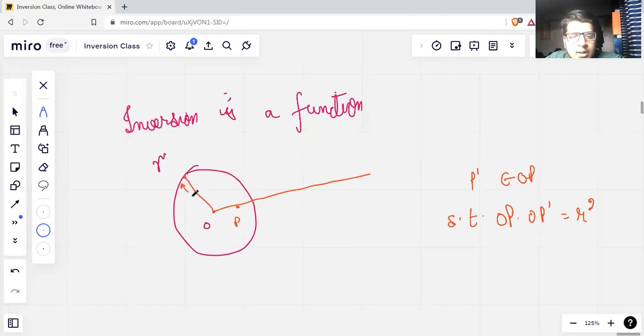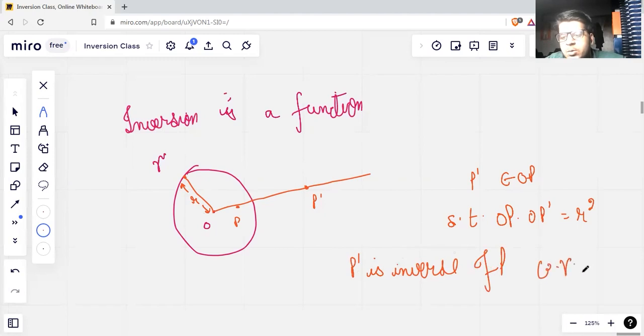So this distance is R. And let's say this point will lie here, P dash. So we say that P dash is the inverse of P with respect to gamma.